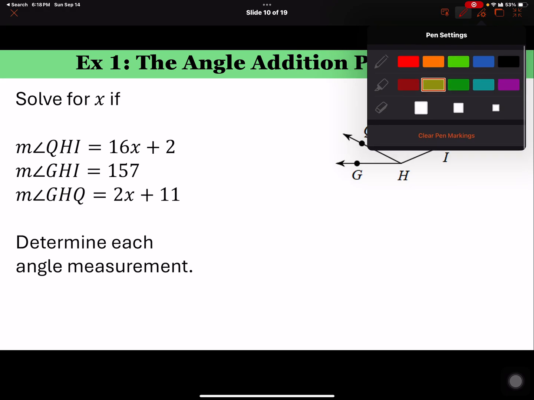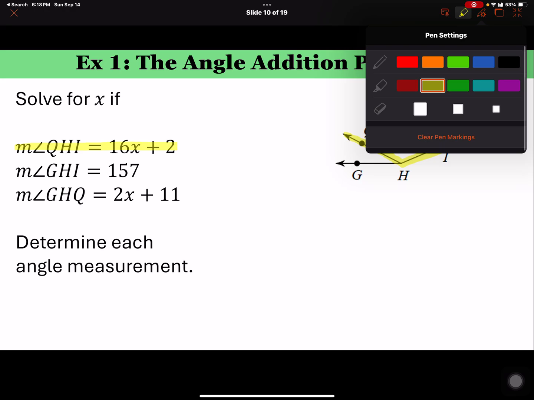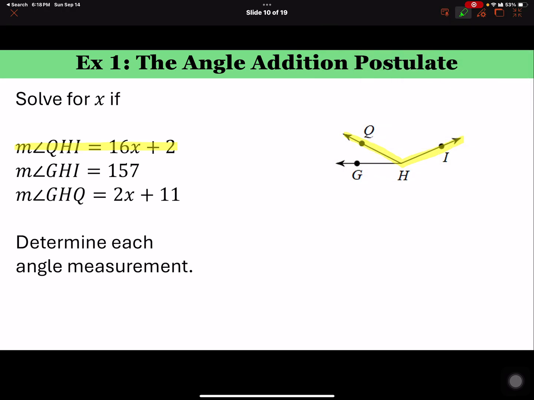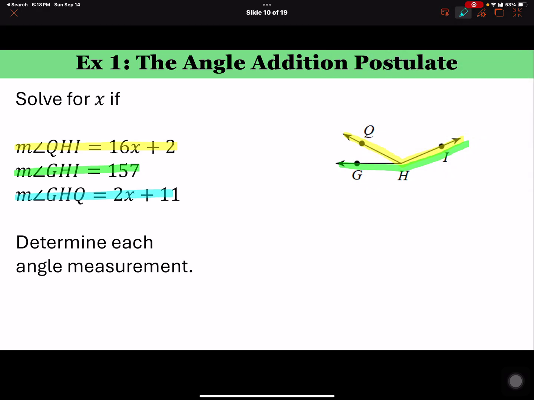Here I have angle QHI, so that would be this angle. And then I have angle GHI, that would be this larger angle here. And then I have angle GHQ, and that's going to be this small angle that is inside.